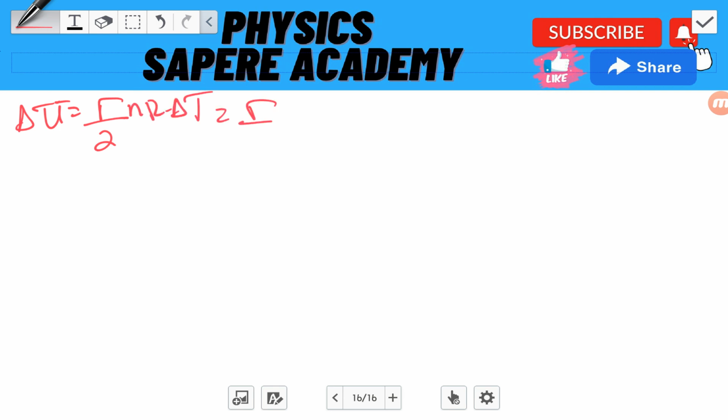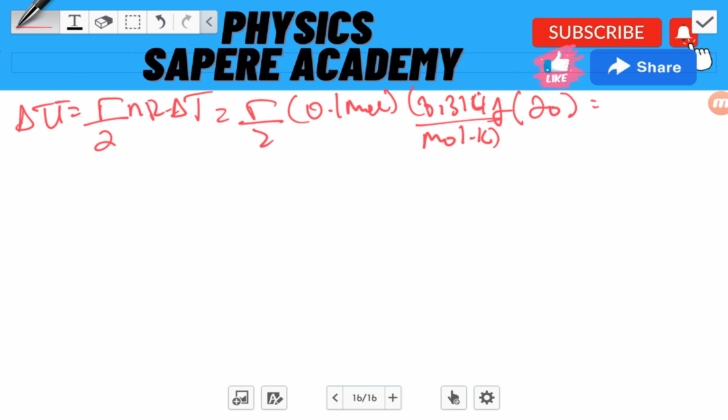So this is 5/2 of 0.1 moles times 8.314 joules per mole Kelvin multiplied by change in temperature, ሁለቱ መካከል ያለው change in temperature, which is around 20, which gives us a change in internal energy of around minus 41.57 joules.